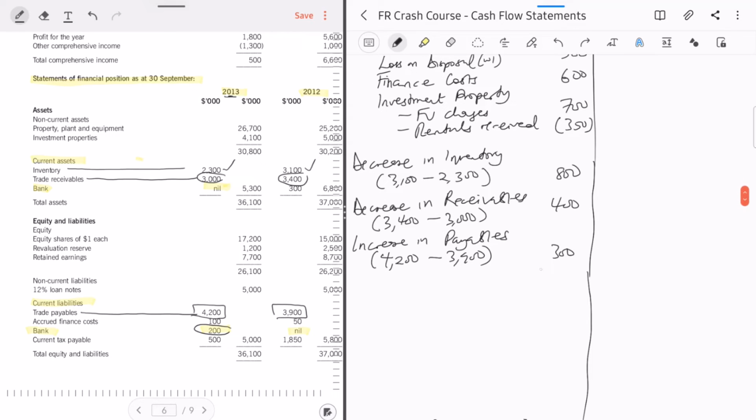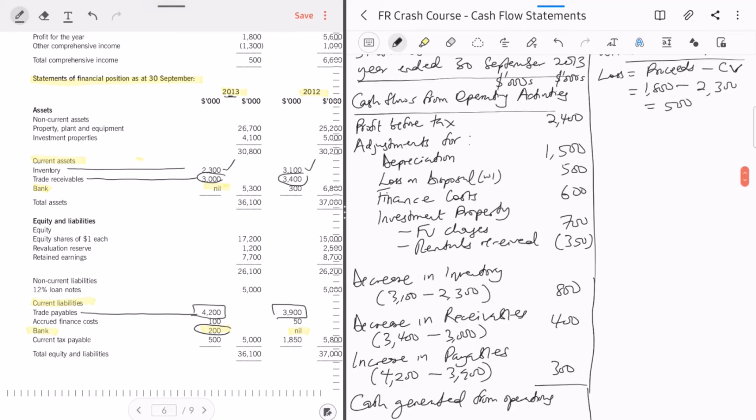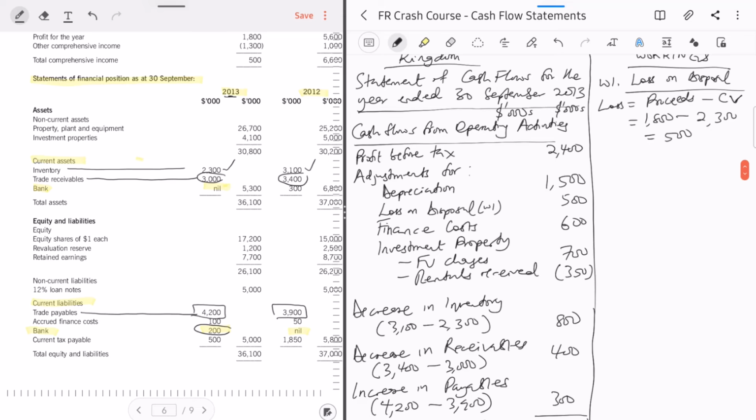That is what will give us the cash generated from operations. So this is my cash generated from operations. So let's start summing together. So let me grab my calculator. Give me a second.